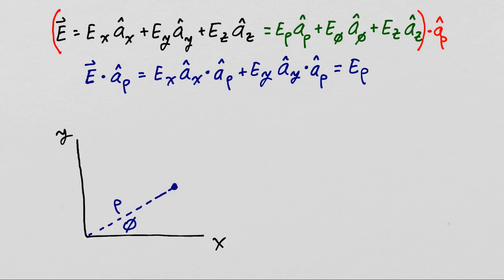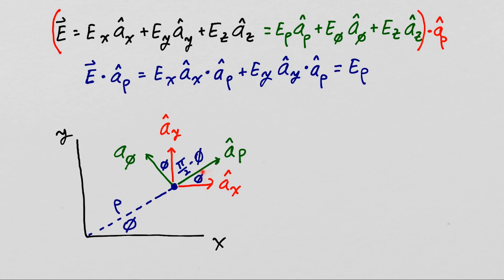Let this be the point where we have this particular vector representing our electric field intensity. So the coordinates of this point are rho, phi, and z. Here are the Cartesian and cylindrical unit vectors at this point.